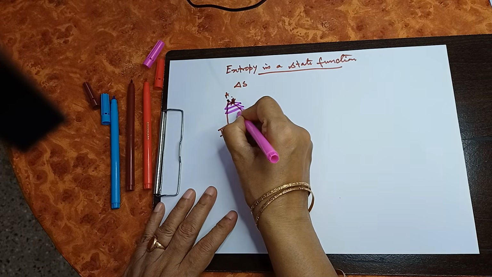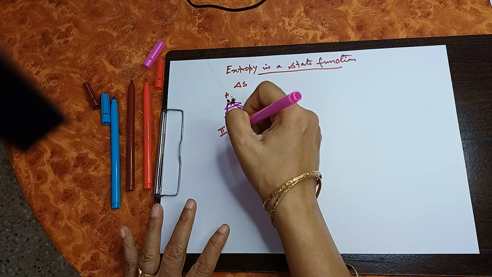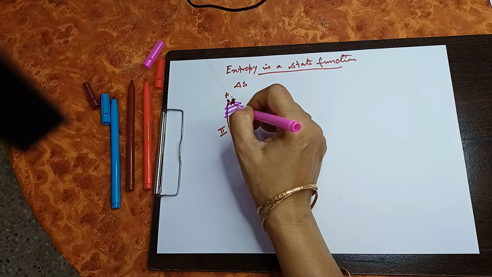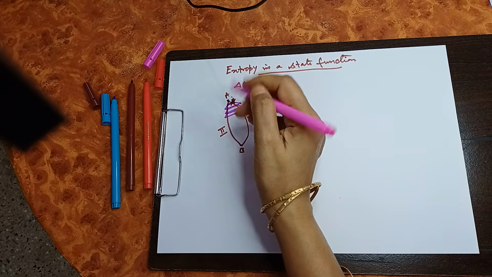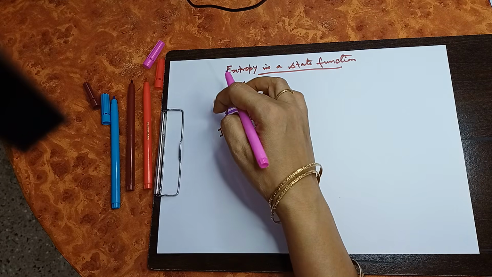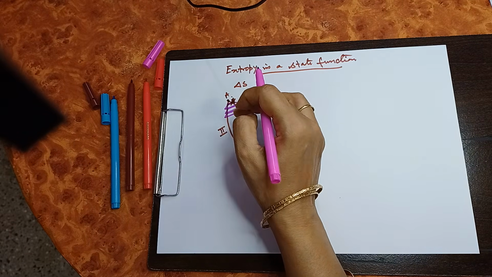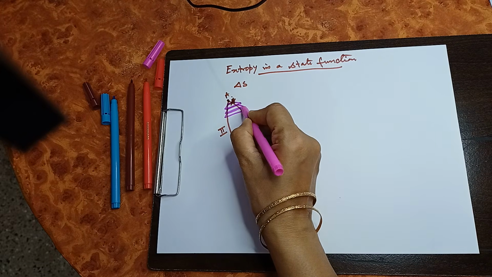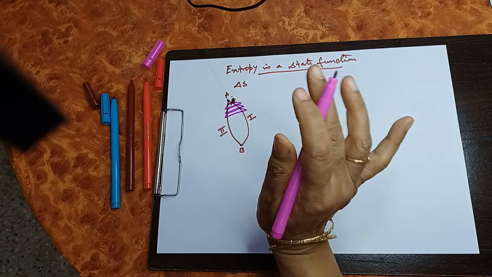So this entire cyclic path we can consider as consisting of a number of Carnot cycles. If each Carnot cycle is very small, that means the entire path consists of a large number of small Carnot cycles. Already I have shown you: expansion, expansion, contraction, contraction, like the Carnot cycle.